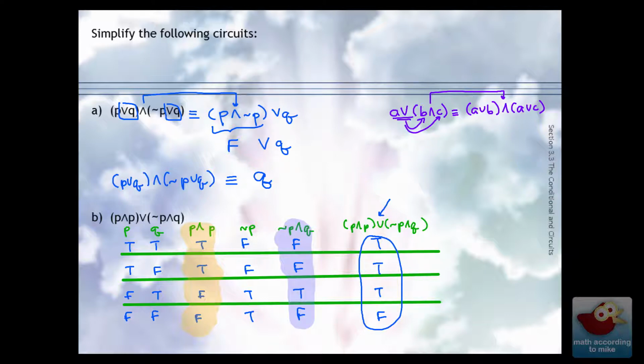True, true, true, false is the same thing as P or Q. So assuming the first two columns are set up the exact same as every other process we've done, which is why we're always doing it the same way, then we can look at the last column and say, hey, true, true, true, false, that looks just like P or Q, which means our original statement, P and P or not P and Q, simplifies to the same thing as P or Q, which is much easier to work with.